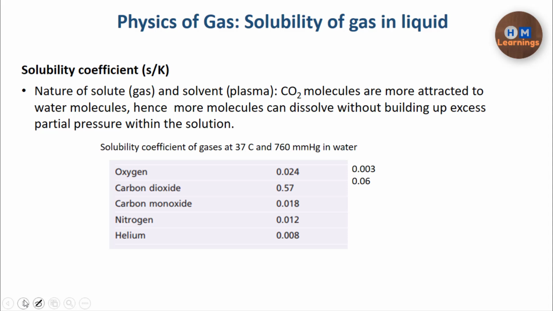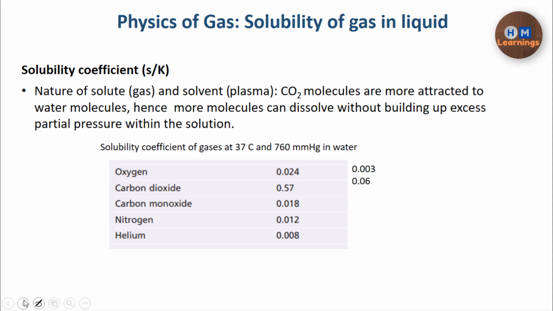The oxygen solubility coefficient is 0.024, which can also be written as 0.003. Most textbooks write it as 0.003. Carbon dioxide is 0.06, and then there are other gases such as carbon monoxide, nitrogen and helium. So you see it is different for different gases.